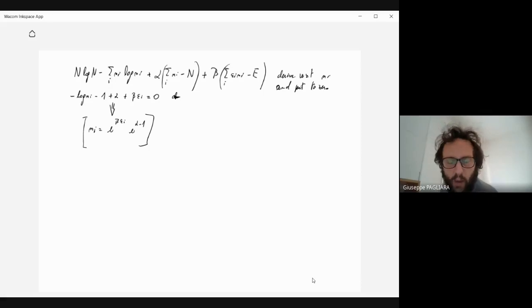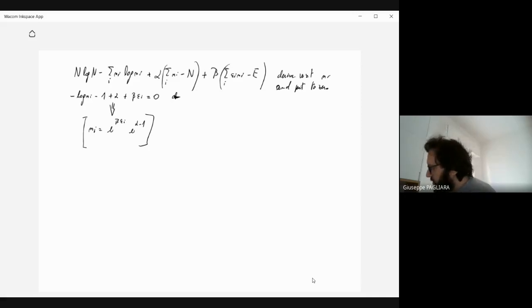Now, as opposed to the previous case, the case that we just repeated a few minutes ago, the Ni now depend on epsilon i. In the previous case, we had only one constraint, and the most probable configuration was the one in which all the states had the same probability.